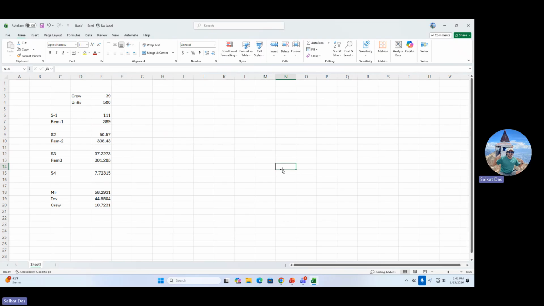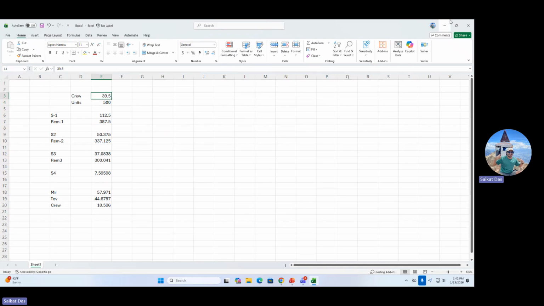But for the later project, we need to check whether they are negative numbers, or fractional, like crew cannot be fractional, right? That means 39.5 can work here, but not in practice, right? But for this project, you don't need to worry about these things, given that the crew and units are valid numbers.